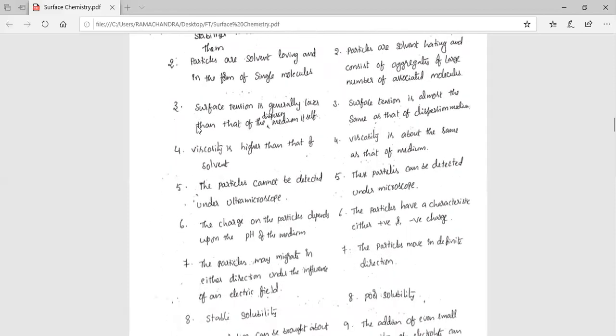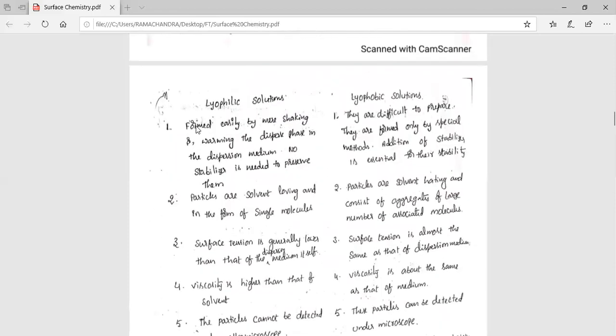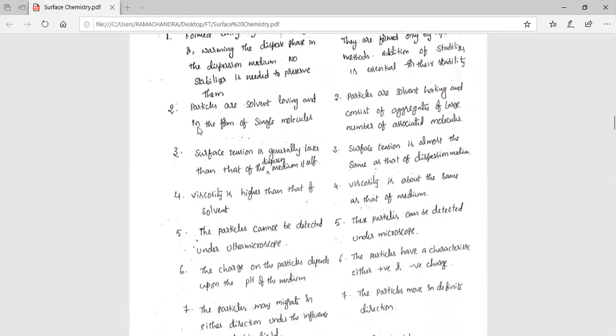So coming to lyophilic solutions, the particles are solvent loving and exist in the form of single molecules. Whereas in lyophobic solutions, the particles are solvent hating and consist of aggregates of a large number of associated molecules.